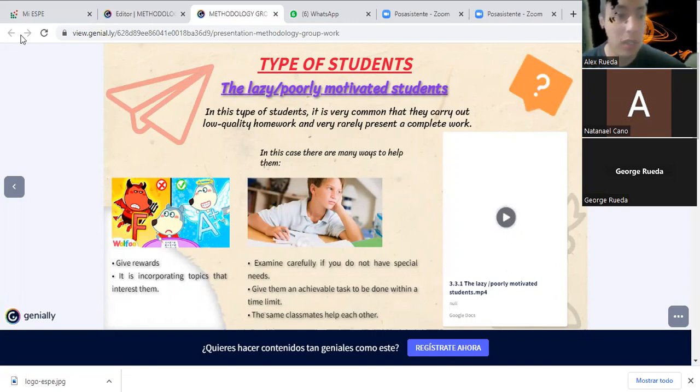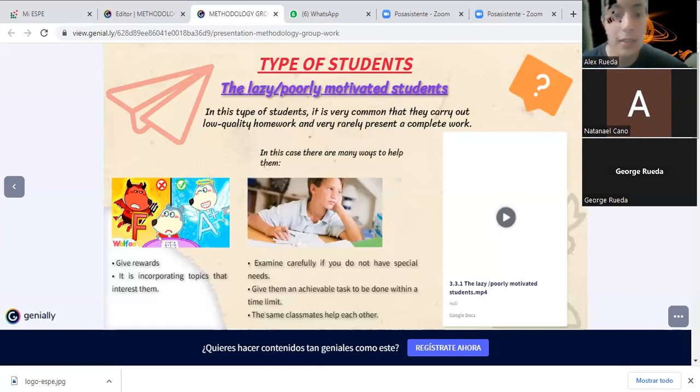For example, we can give rewards, incorporate topics that interest them, and examine carefully if that student maybe has special problems, special needs. Also, giving them an achievable task to be done within the time limit. The same classmates can help each other, maybe.